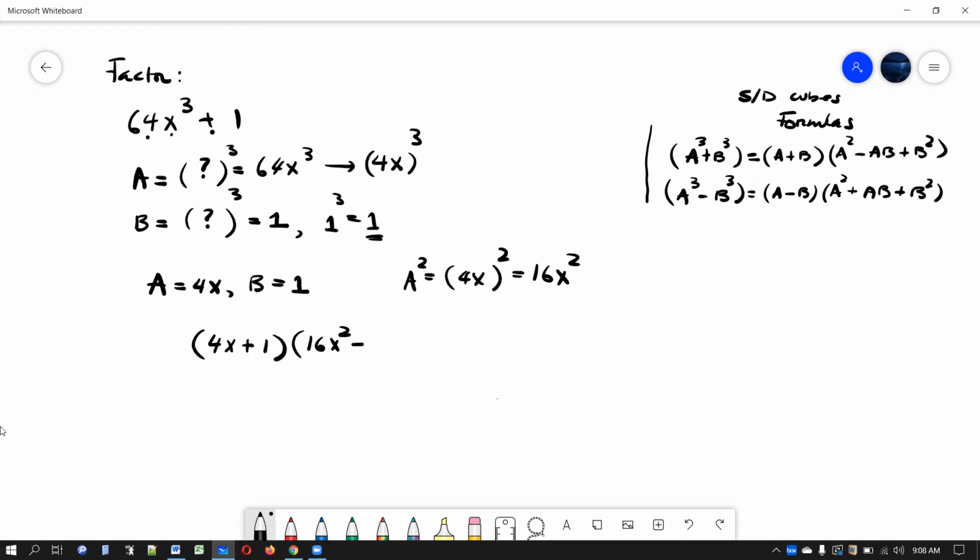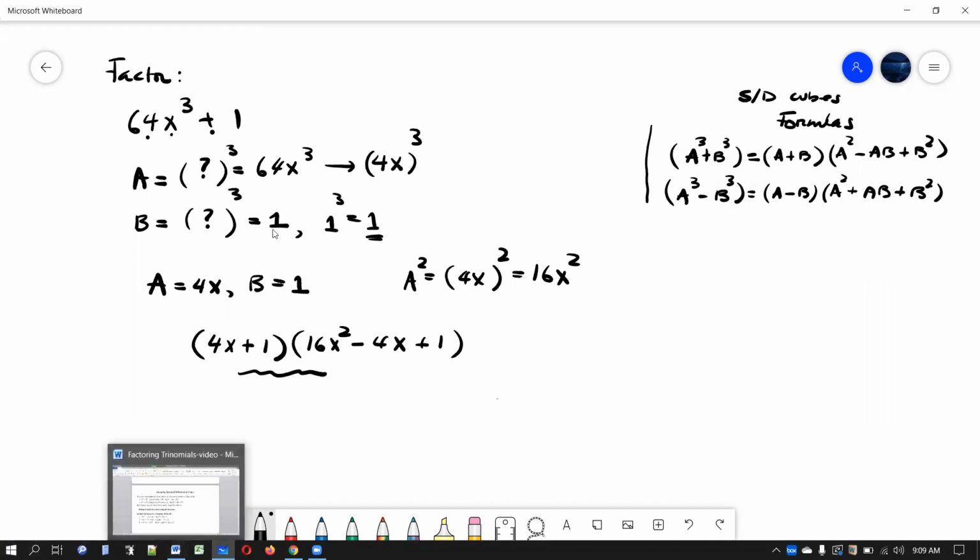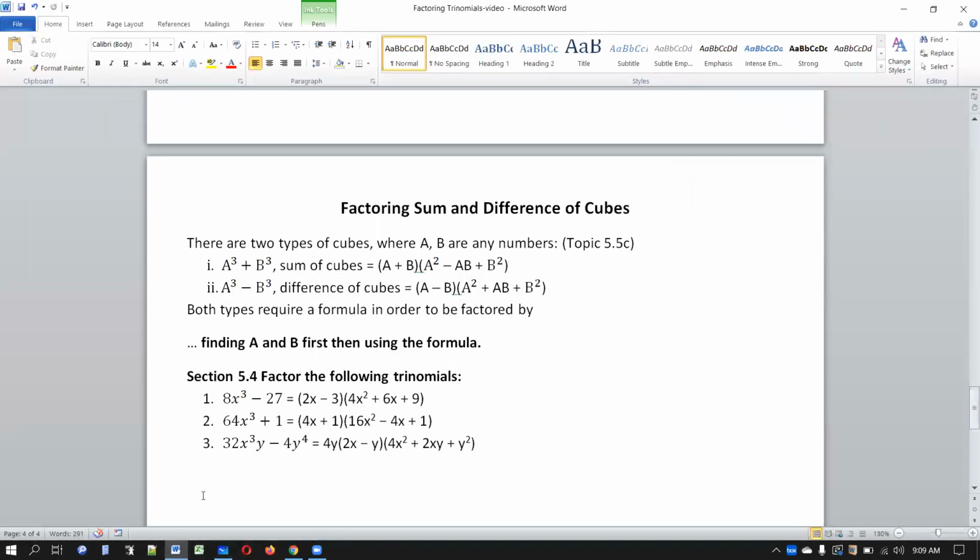Minus AB, minus 4x times 1, which is just 4x, and plus B squared. Well, 1 squared is just 1. And that is the answer for our 64x cubed plus 1. Okay? So always find A and B first before we can do anything.